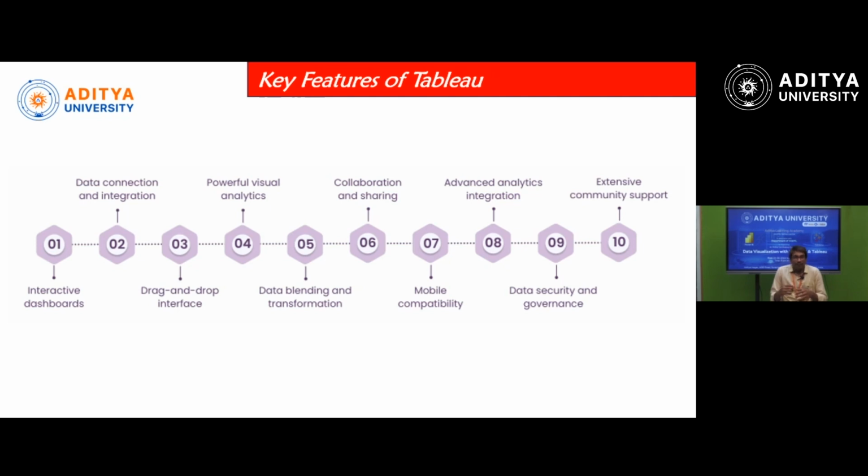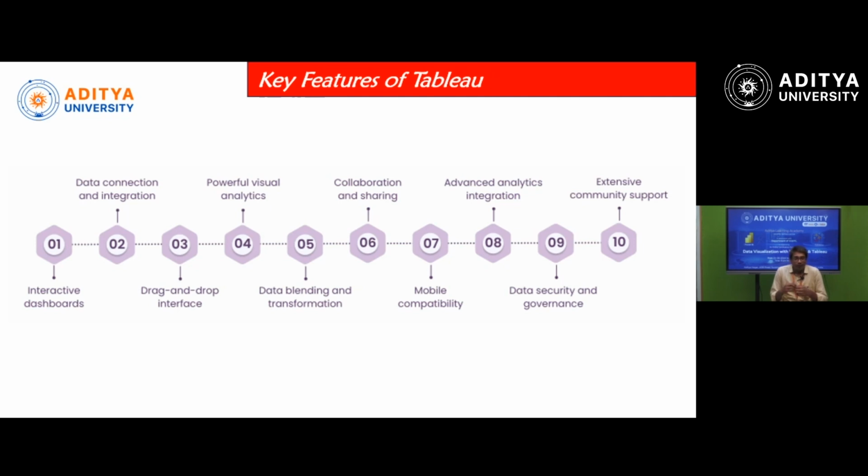Even if we perform them, it may not give a correct report. It might not generate the correct report. So what we need to do is perform some pre-processing in order to make the data ready for analytics, which is called data blending and transformation.